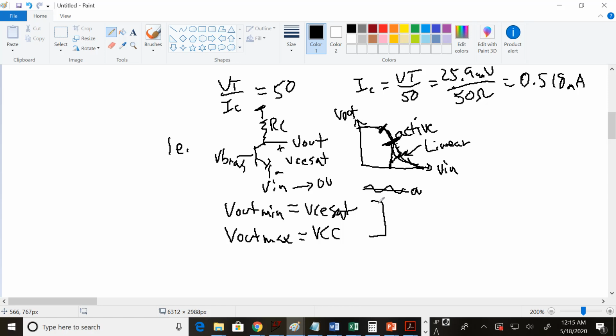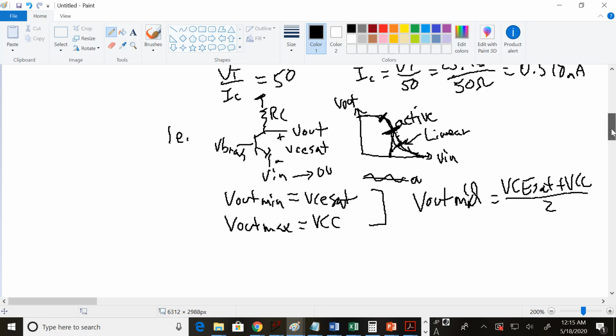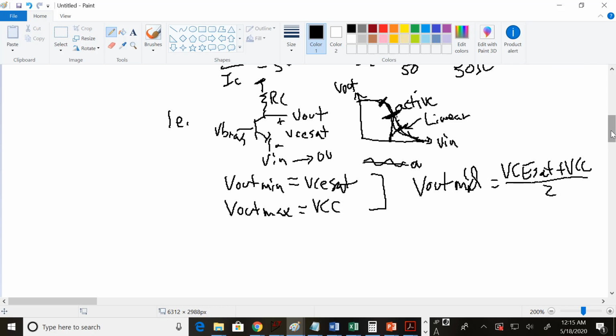Put it right in the middle, and the way to do that is just to add the two and divide by 2. So the average of these two is going to be right in the middle. So now you have what V out sits at rest, and you have the current from the previous problem.